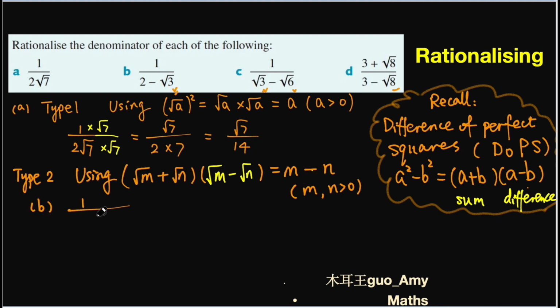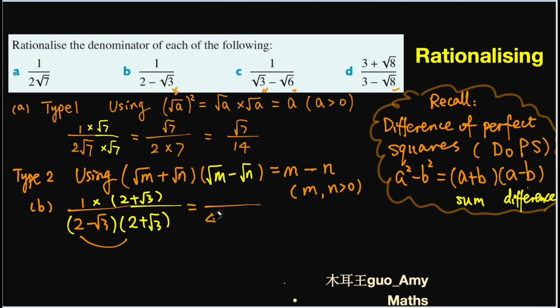For part B, we have 2 minus root 3 as the denominator. And here we have the difference. Therefore, we are going to multiply the sum of these 2 terms, and we will have 2 plus root 3. Then the denominator will become 2 times 2, which is 2 squared, which is 4, and then another part we will have minus 3.